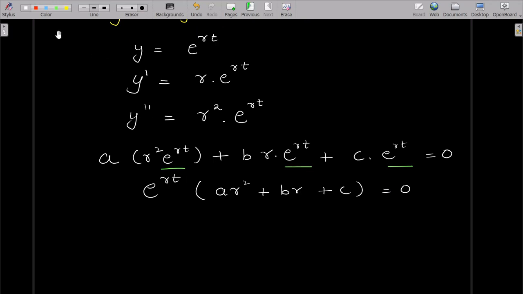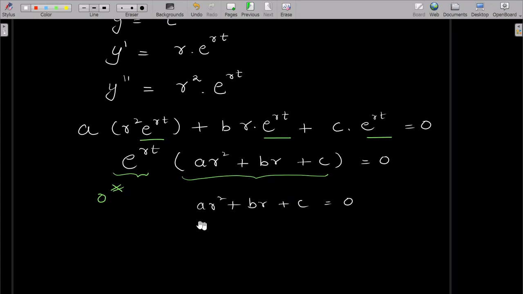This e to the power rt is not equal to 0, because that would mean that y equals 0 is the solution, but that's not the case. So that means this has to be equal to 0. So we say that a r square plus b r plus c is equal to 0, and this is a simple quadratic that we can solve.